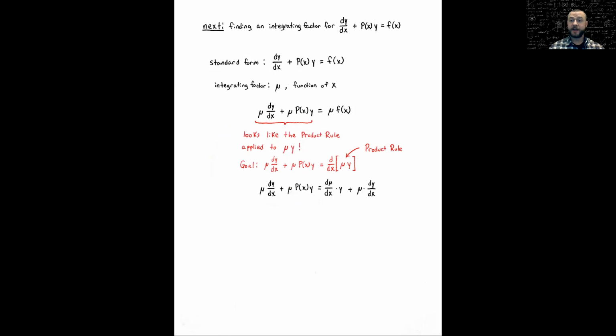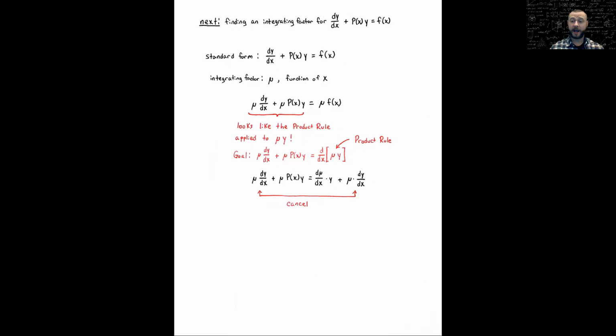All right, so we're going to apply the product rule to that right-hand side. First, differentiate mu, multiply by y, and then add to that mu times the derivative of y. All right, keep in mind here, we're going to try to solve for mu. Notice we have some terms that are similar on the left and right-hand side.